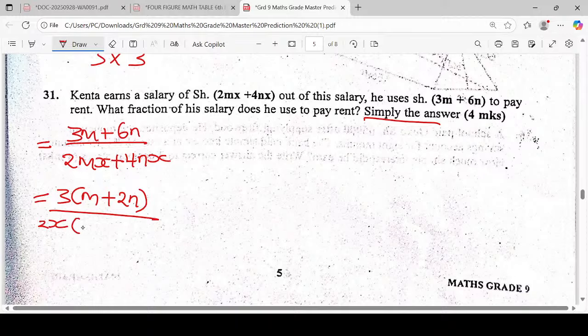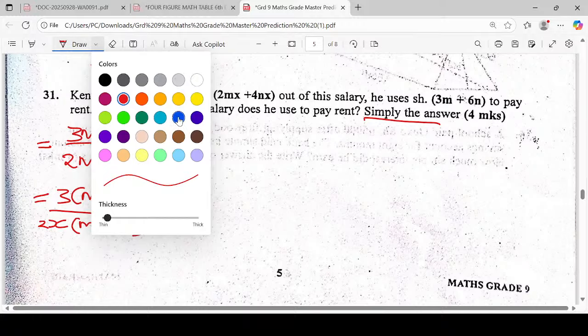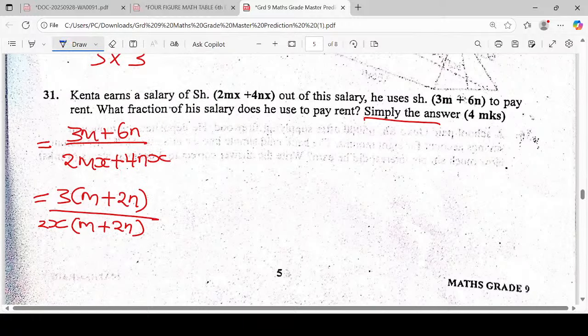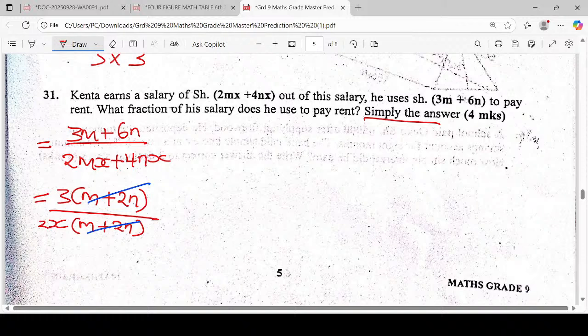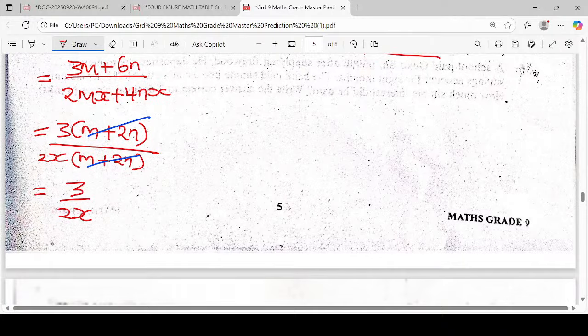Then you'll be having m plus 2n. Then when you have it like that, learners, you can see what is inside the brackets are similar. Then they can cancel out. So this one and this one will cancel out. Once they cancel out, learners, what are we going to have? We are going now to have 3 over 2x. That is it.